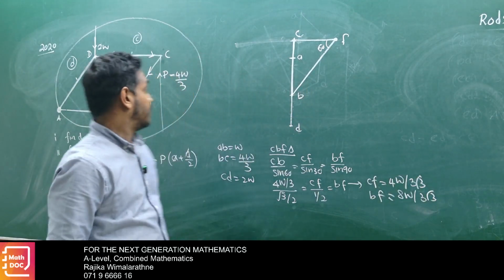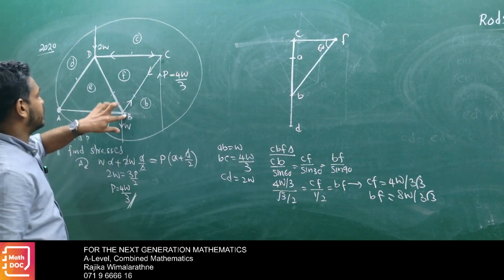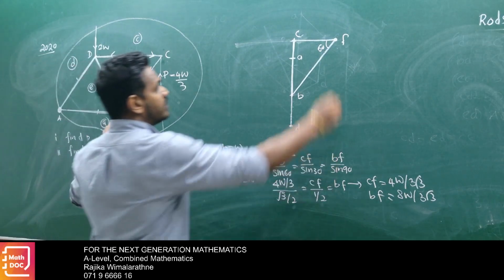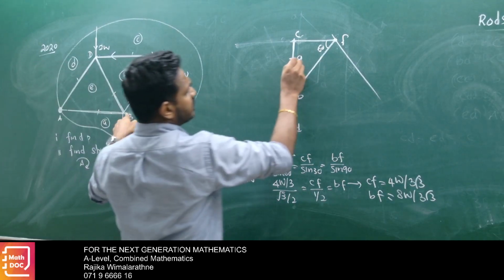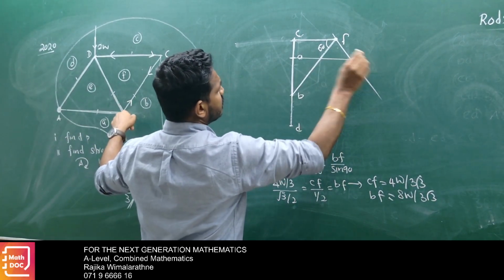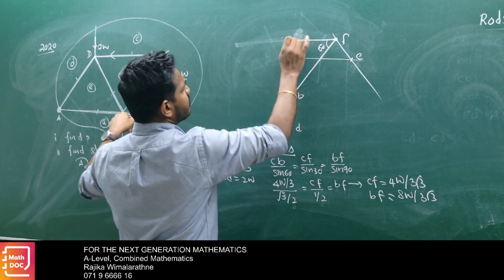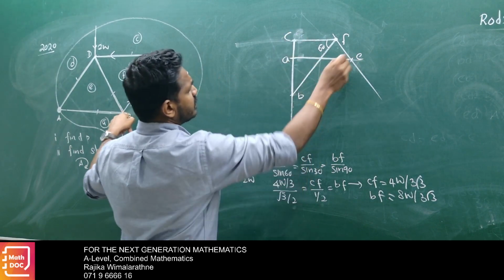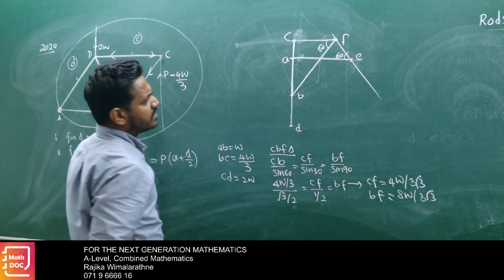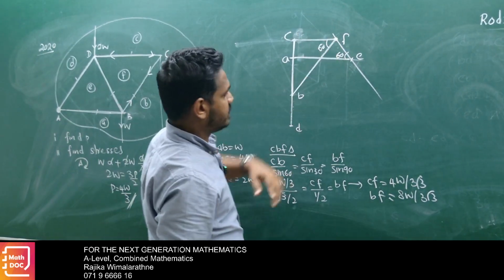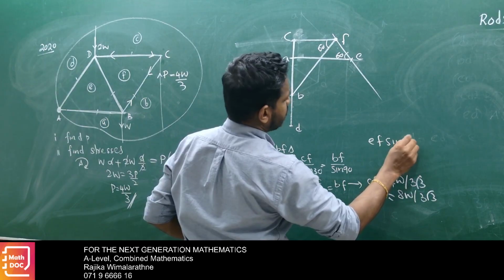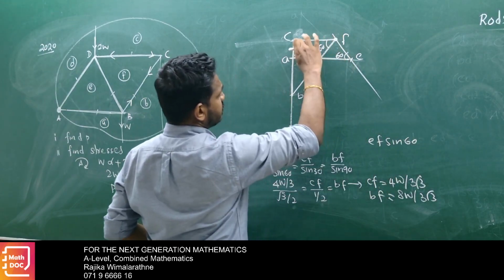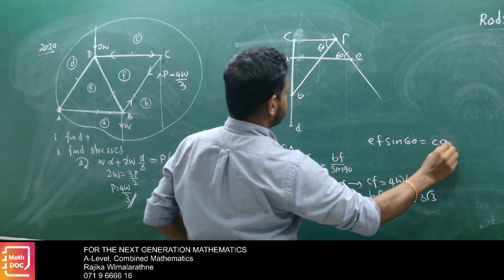Okay. Then go to this vertex: FE to the horizontal 60, EA horizontal. E, 60. Then EF sine 60 equals CA.